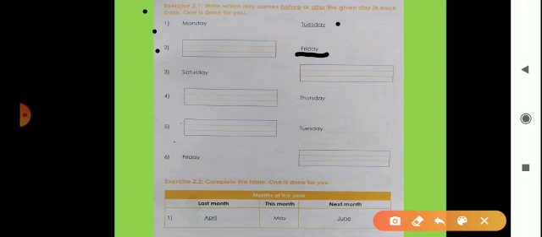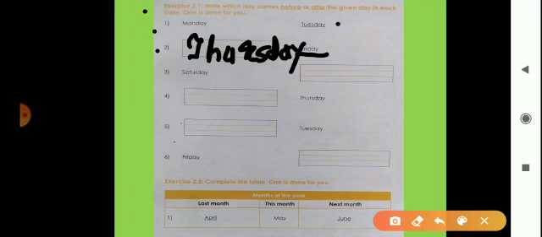Here is Thursday. T-H-U-R-S-D-A-Y. Okay. So you write carefully. It is a small space, so I can't write neatly. Then third is Saturday. It is again little space, but I will try to write properly.